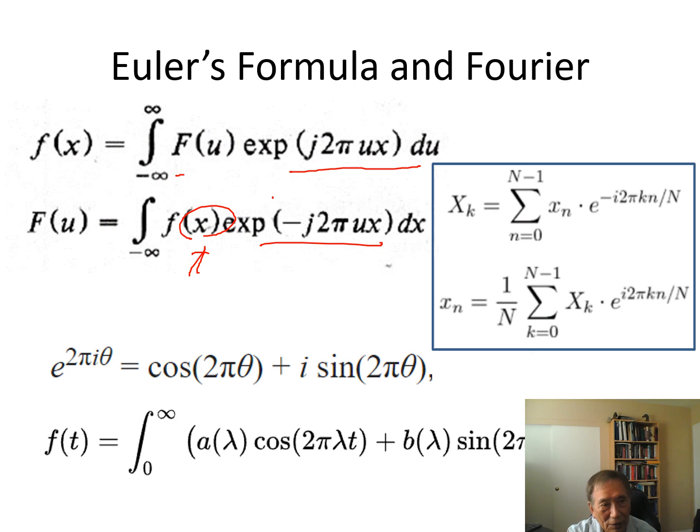There's Euler there. Actually, I'm not going to talk about that; no time. But this e to the 2 pi theta, what happened is that e^(i·pi) plus 1 equals 0 is Euler's equation, or identity.